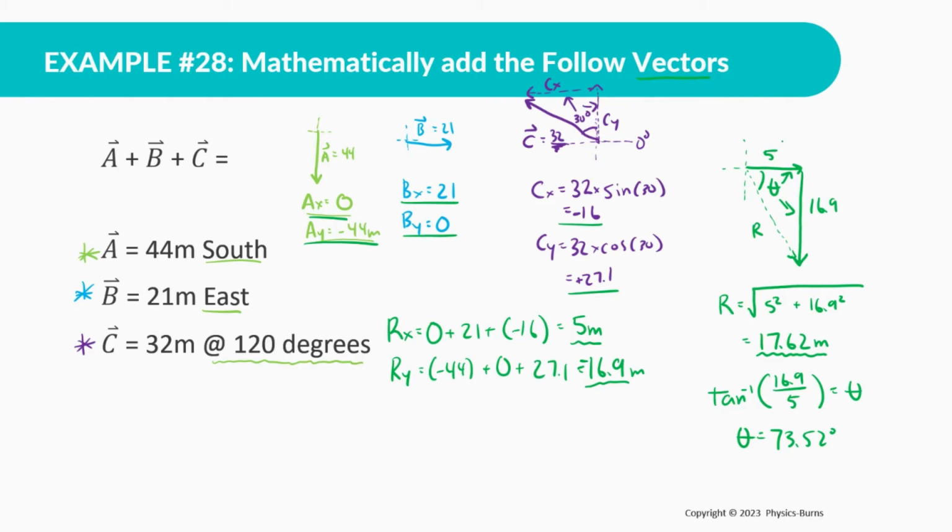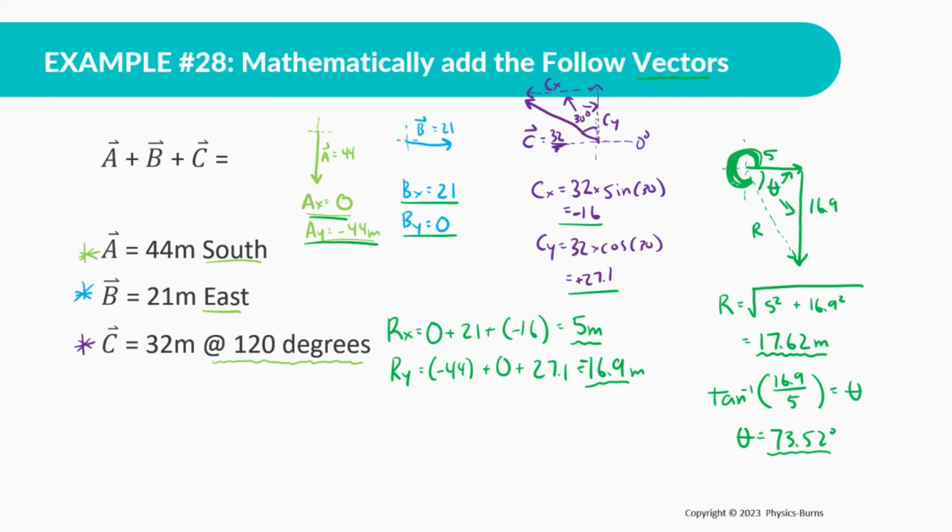Okay. However, remember, when we're trying to find the direction of this, we can't just say 73.52, because then we would assume it looks something like this, like that angle right there. But what we want is the direction, which is all the way over here. So how do we do that? A few ways, but one way, and I would say the easiest way, is we know all the way around is 360 degrees. So if we did 360 minus 73.52, we could find what this is to get to this point right here.